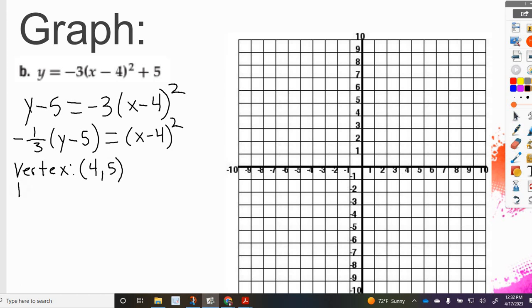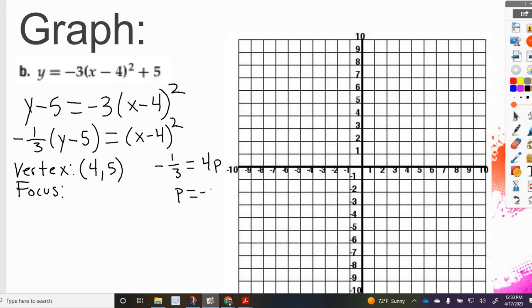If I wanted to find our focus, what do we have to find? Okay, so which equation are we using to find P? Or which number up there is going to give me P? Yes, but does -1/3 equal P? It equals 4P, so we would have to divide both sides by 4. So what is -1/3 divided by 4?